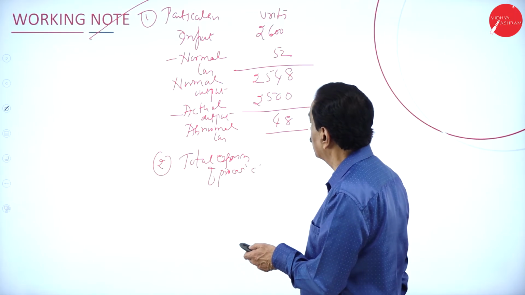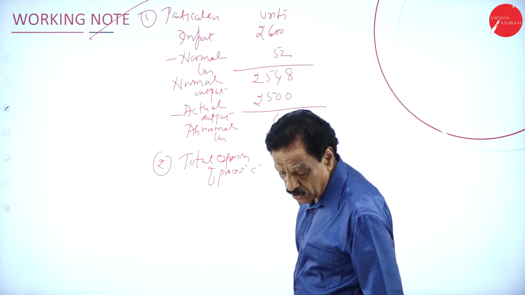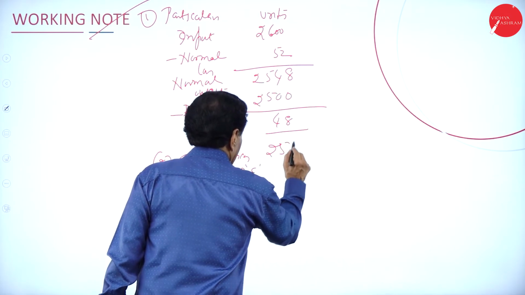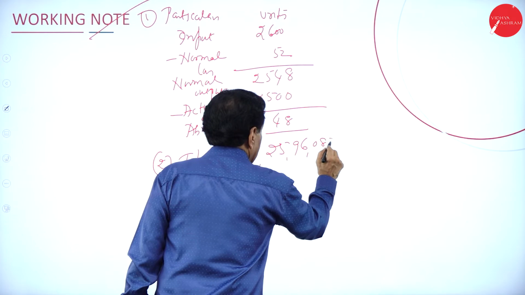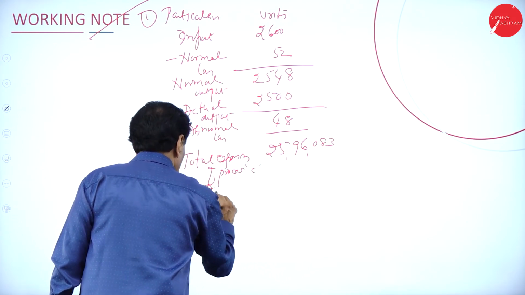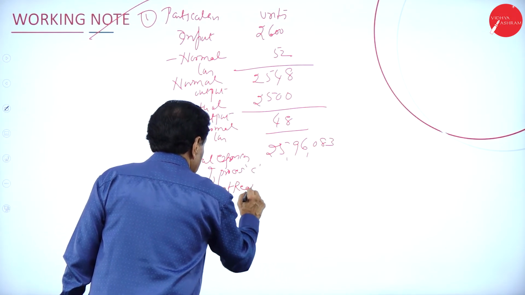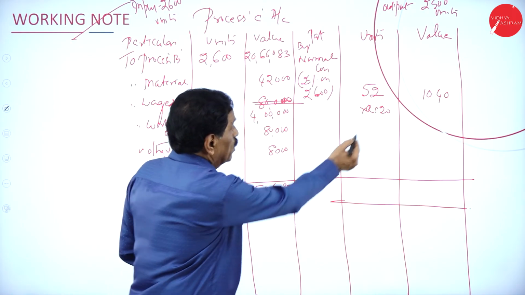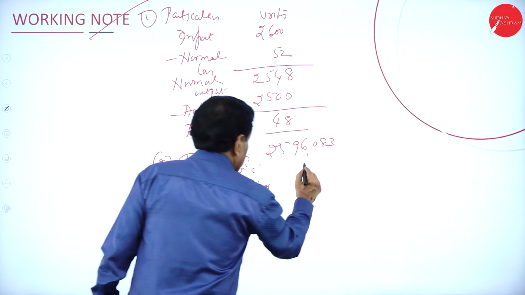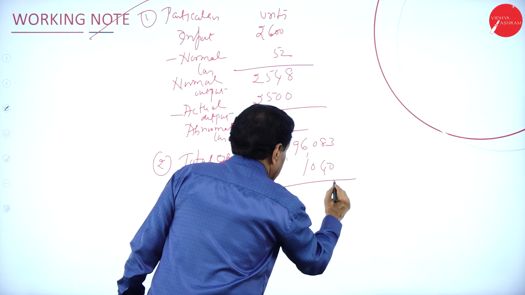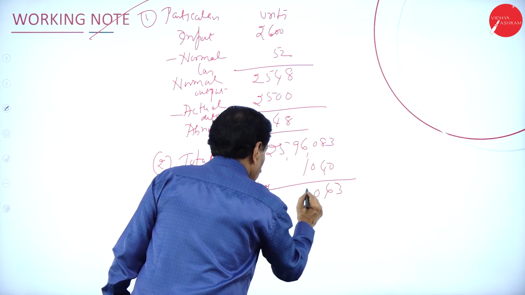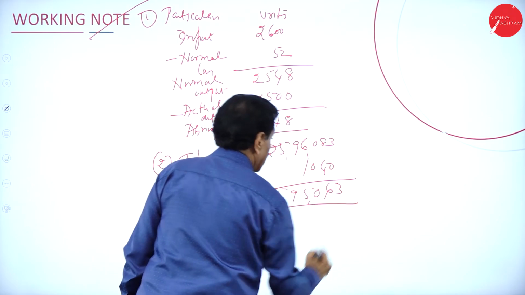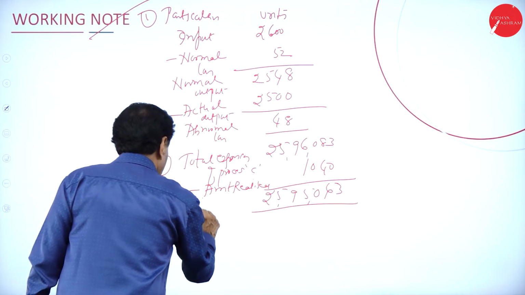Total expenses 25 lakh 96,083 minus amount realized by selling the output. Amount realized is 1040. Deduct. 25 lakh 95,043 normal cost.